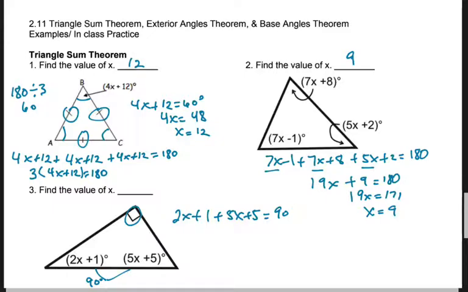But I could have also just said plus 90 equals 180, and I would have ended up there anyway. I'll just work it that way. So here we've got 7x plus 96 equals 180. And then subtract 96 from both sides, so I get 7x equals 84. And then divide by 7, and I get 12.